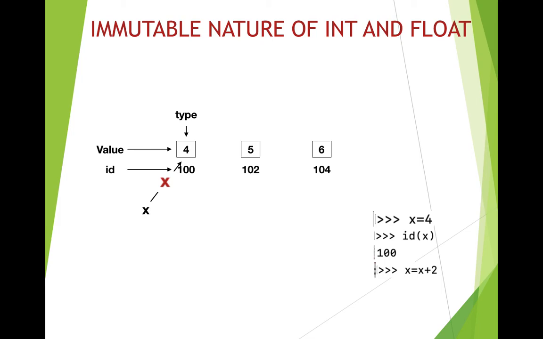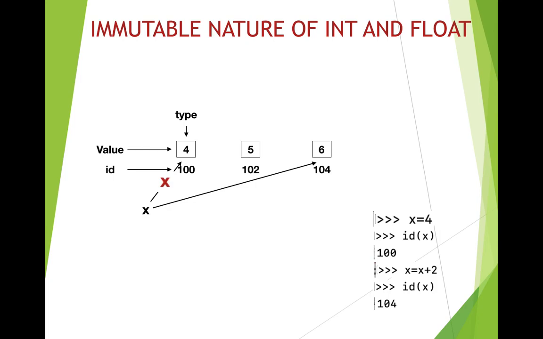That binding is broken now, and a new binding is created with 6. So currently x will be pointing to the memory location of 6. Now if I write id of x, I will not get 100 as the result, because x has broken the previous link. Now I'll get the result as 104.